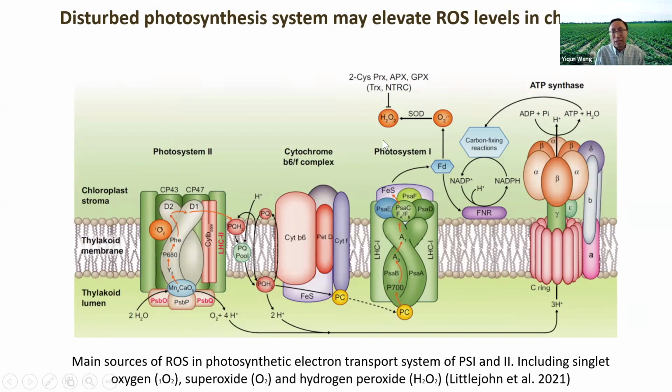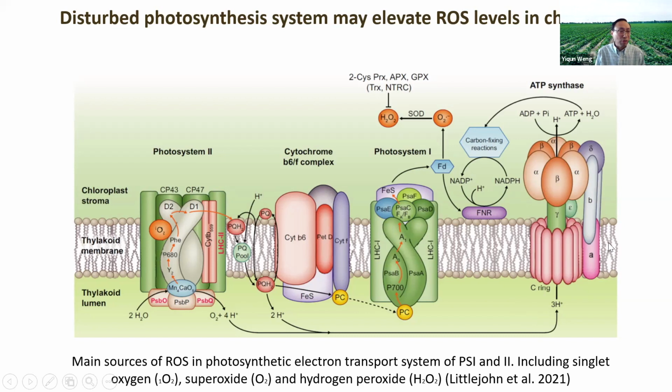So this is a graph from a review publication indicating the pathways in photosynthesis system 1 and system 2, where the reactive oxygen species are produced in different steps.